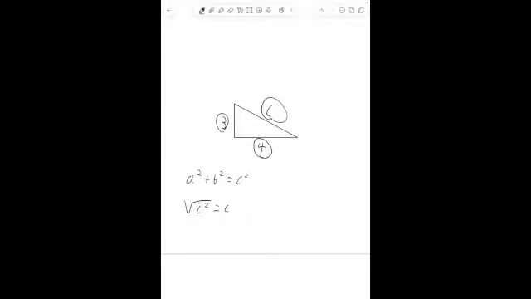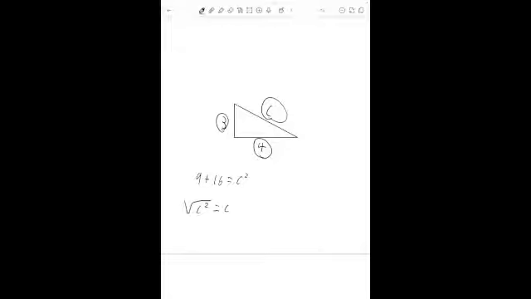So let's plug in a with 3, b with 4, and that equals c squared. So 3 squared is 9, and 4 squared is 16, as we all know.